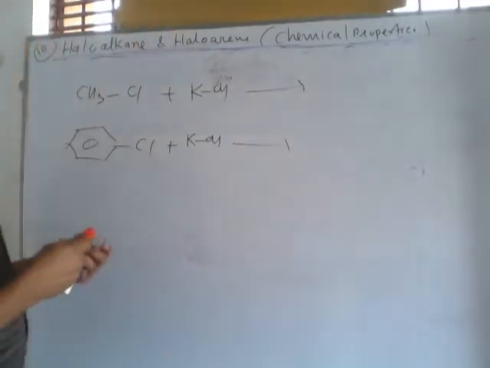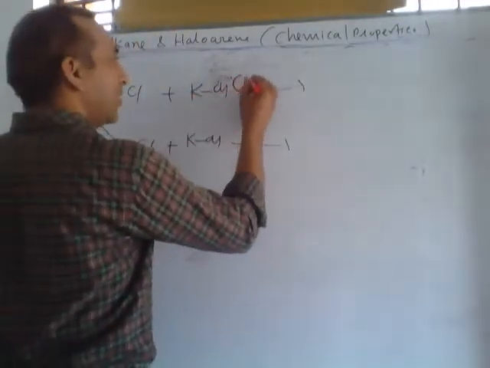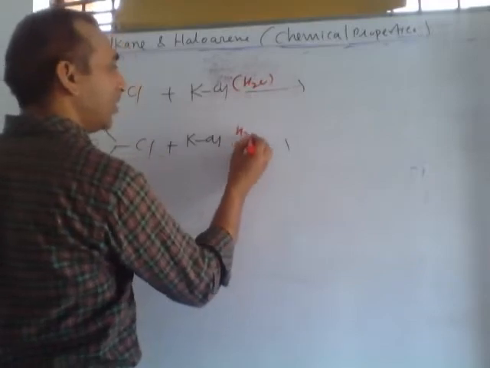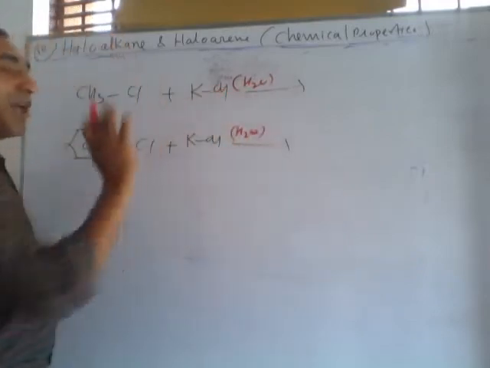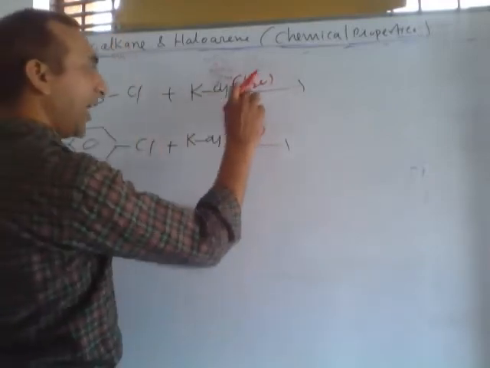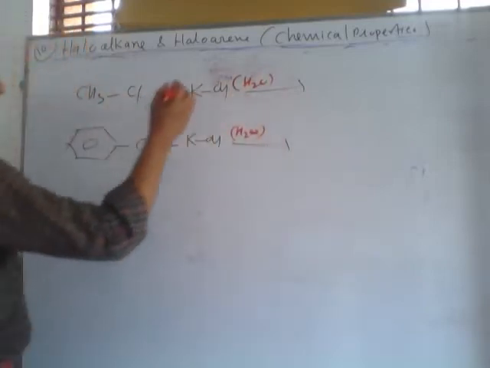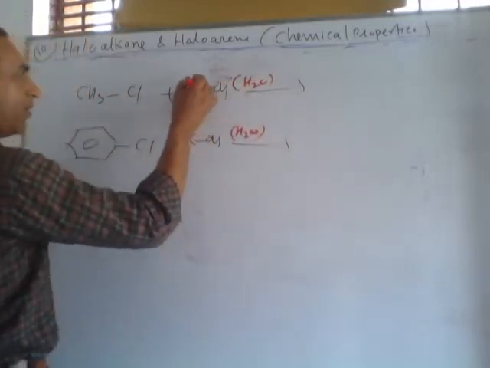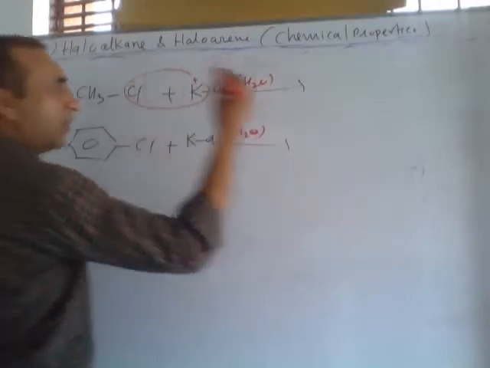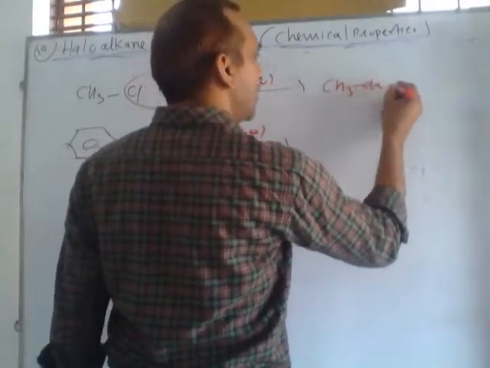Now remember, this KOH we are dissolving in water, an aqueous solution, not alcoholic. In alcoholic solution, beta elimination takes place. In aqueous medium, KOH is an ionic compound. K and Cl are removed and here CH3OH forms.